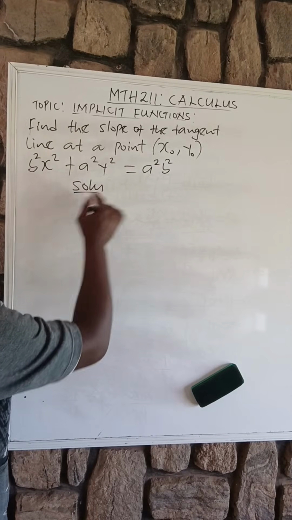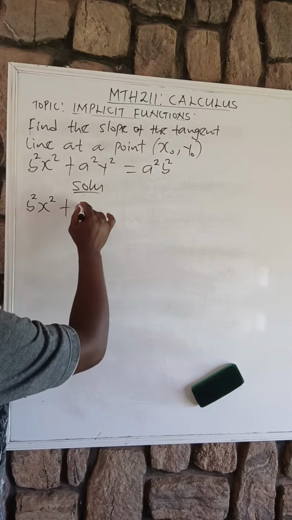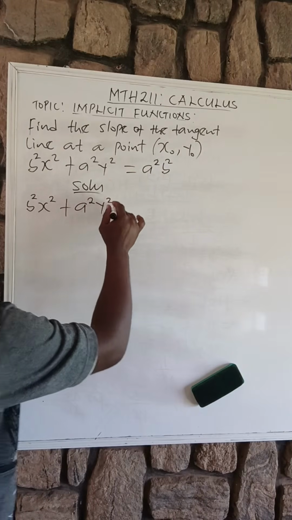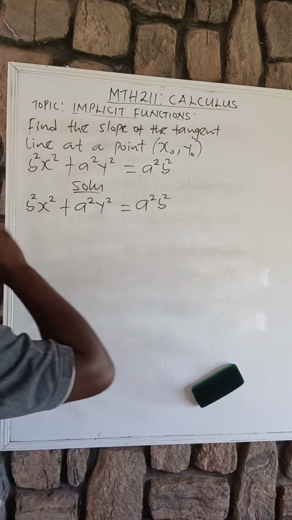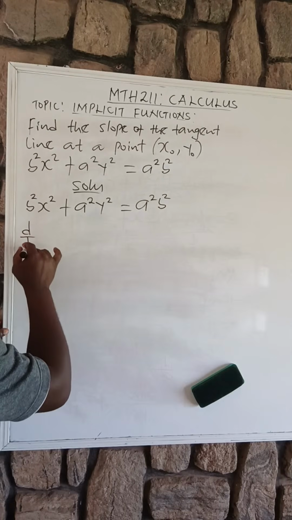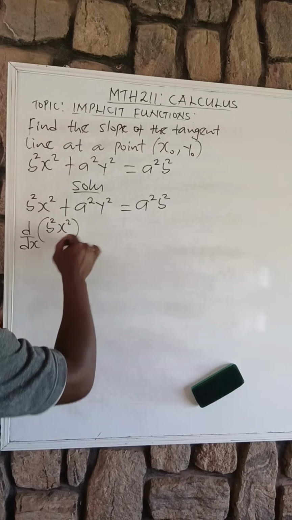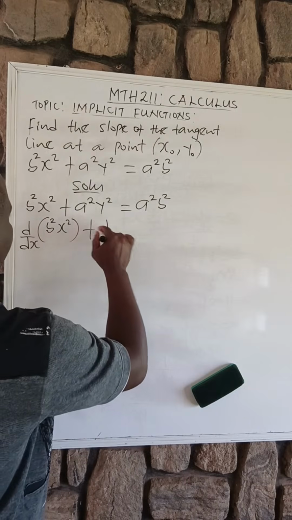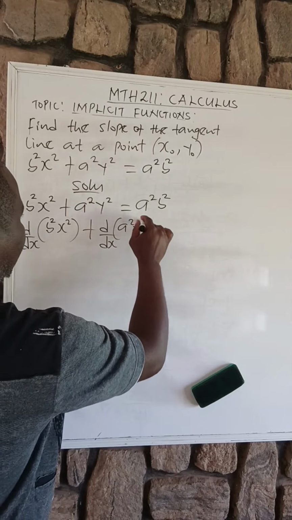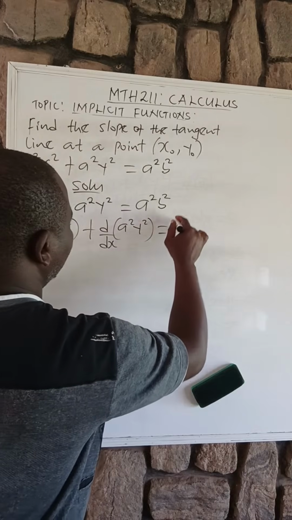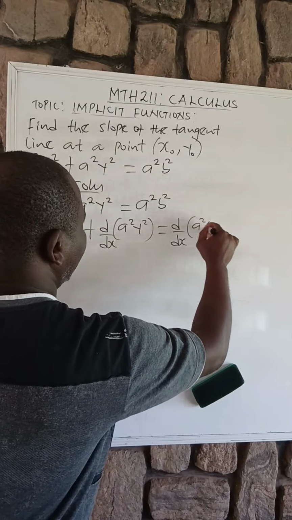We write the solution. Our b square x square plus a square y square equals a square b square, right? So d all over dx of b square x square, plus d all over dx of a square y square, equals d all over dx of a square b square.